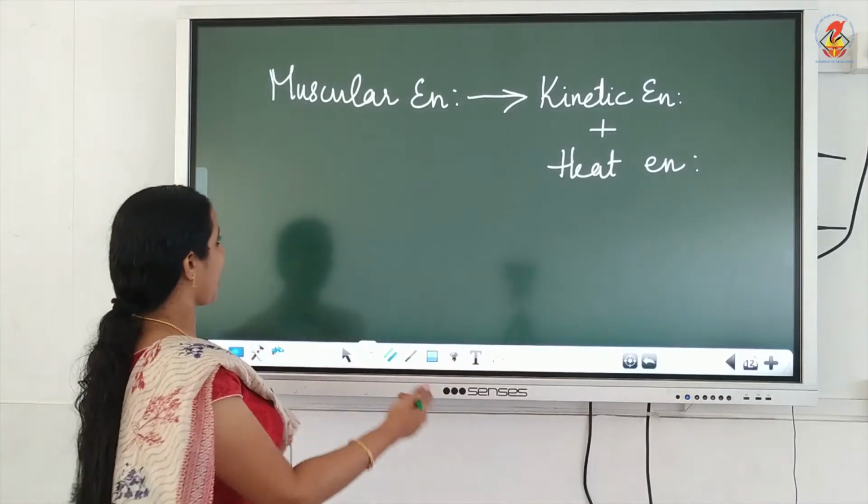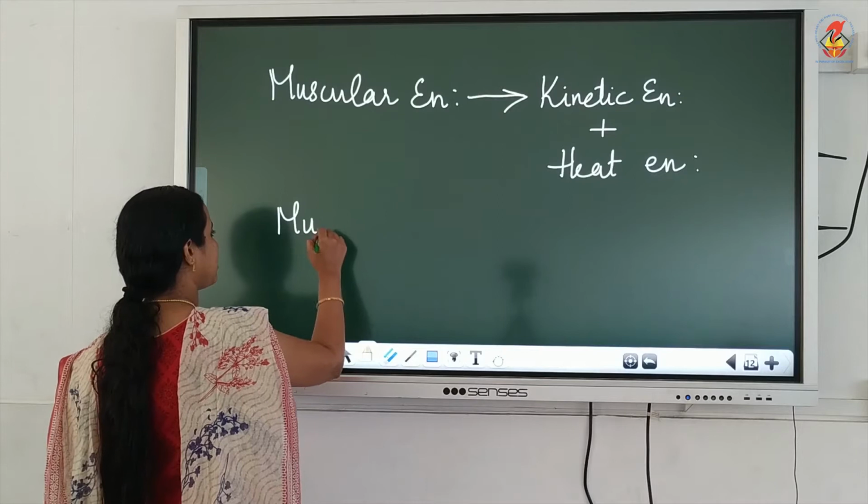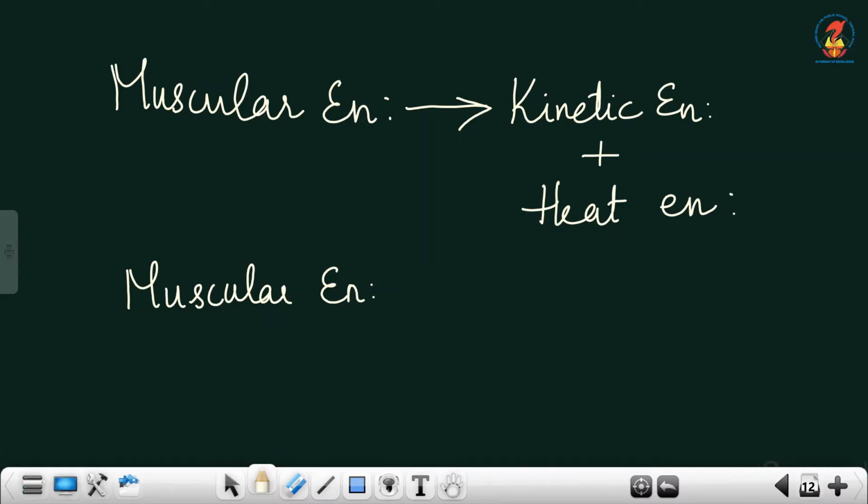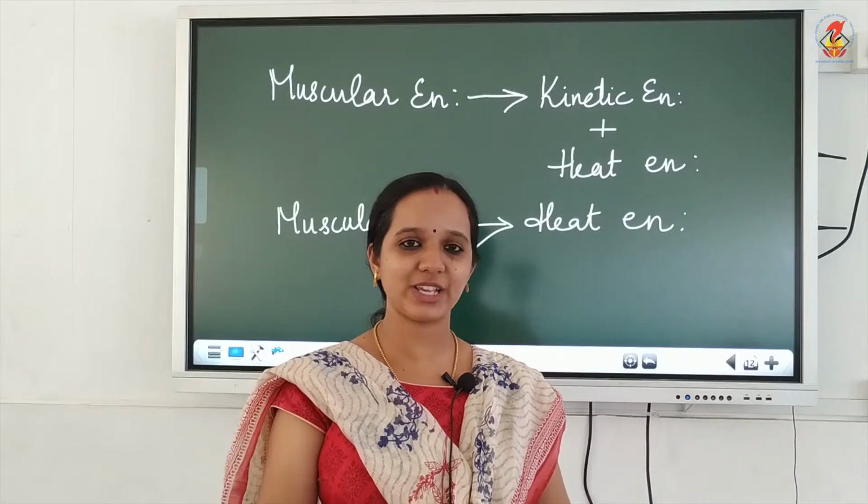So, over there you spent your muscular energy to move the rock. You use your muscles to move the rock, but the rock didn't move. But you will sweat. So, all the muscular energy which you spent to move the rock is converted into heat energy in the form of body sweat.